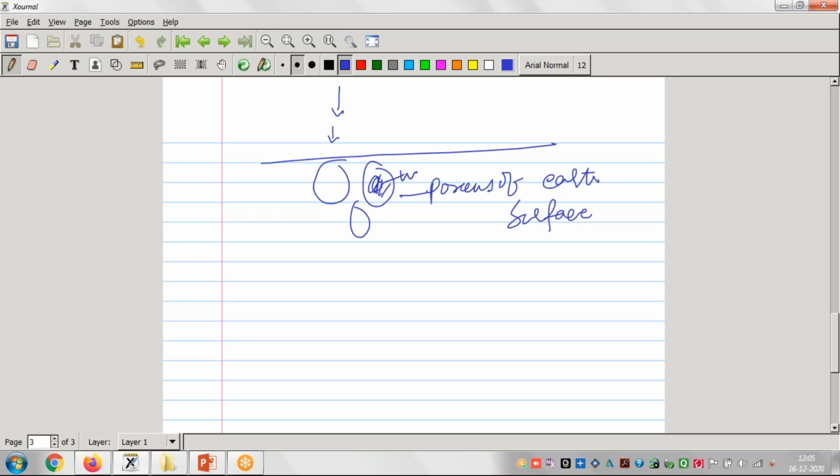Then what happens? After a certain period of time, whatever rainfall is coming does not go into the soil, it directly flows, right? So we say that this is the runoff. So runoff occurs because of some excess rainfall.